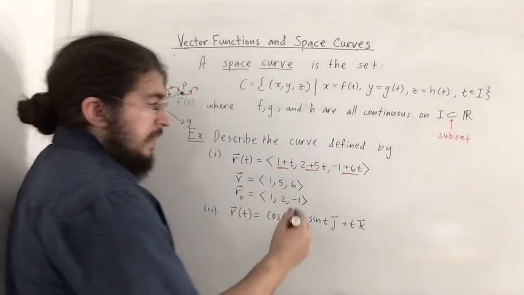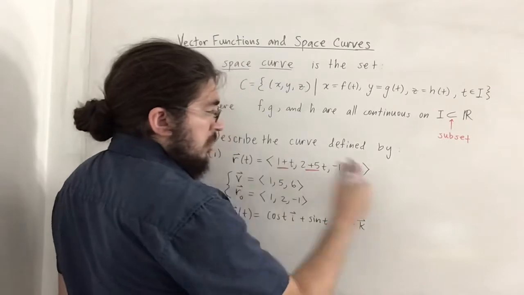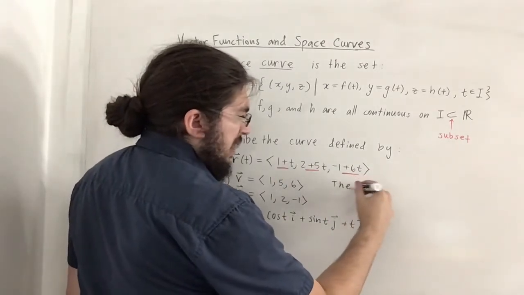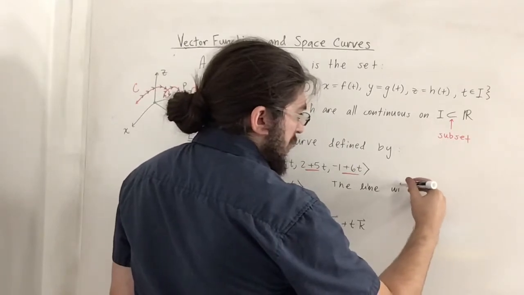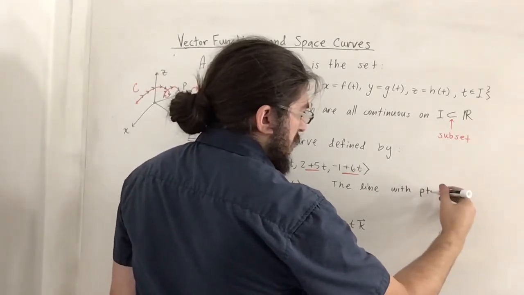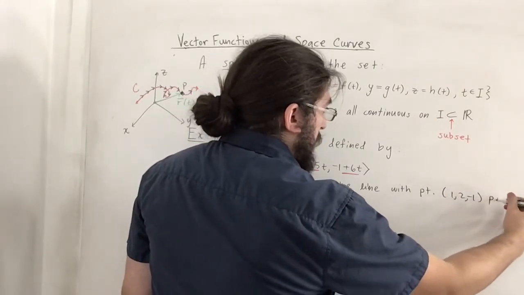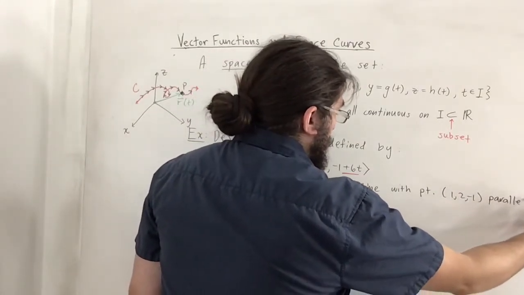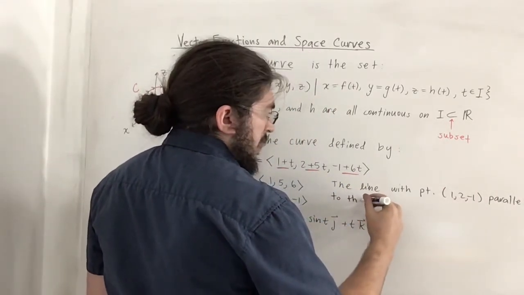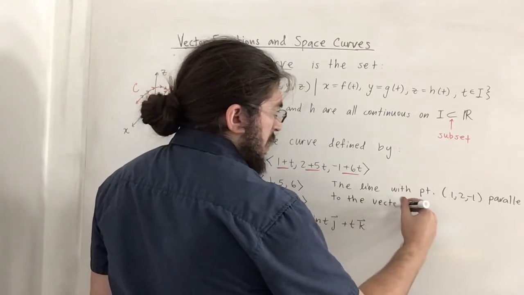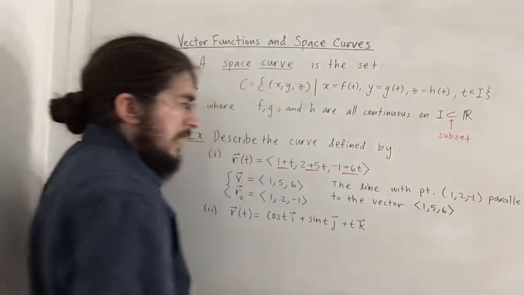So knowing that v is this and r naught is this, we can describe this as the line with point 1, 2, negative 1 parallel to the vector v, 1, 5, 6. So that's how we would describe that.